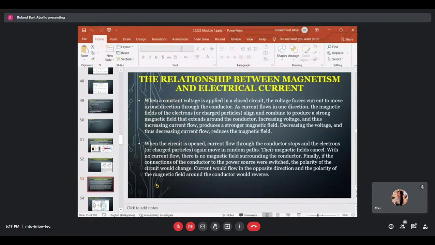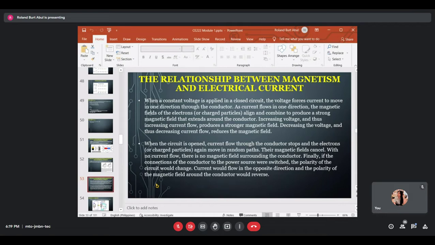Decreasing the voltage, thus decreasing current flow, reduces the magnetic field. So always remember, the voltage and current is directly proportional sa magnetic field. So kung mag-increase man gani ang voltage and current, increase po imong magnetic field. Otherwise, kung mugamay siya, mugamay po imong magnetic field.